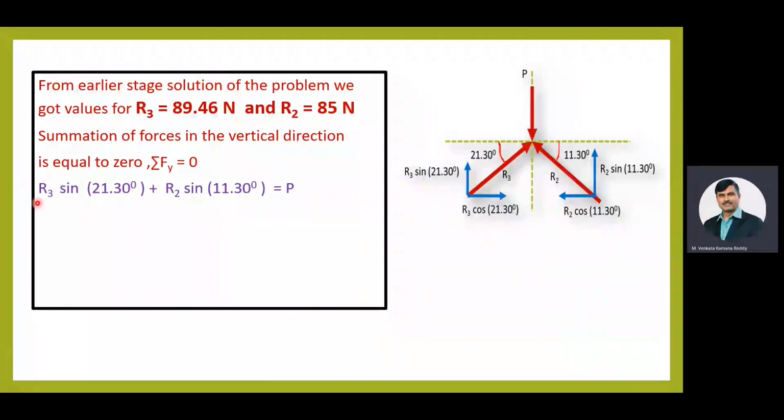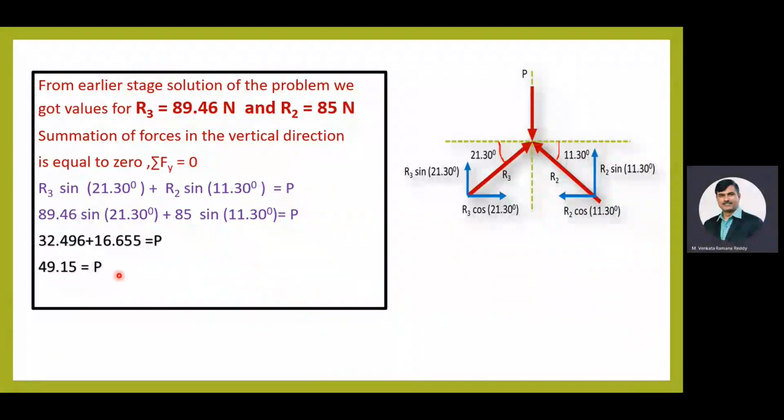Then substitute R3 is equal to 89.46 Newton and R2 is equal to 85 Newton in this equation. After substituting these two values, 89.46 sine 21.30 degrees plus 85 into sine 11.30 degrees is equal to P. After calculating this, we will get P is equal to 32.496 plus 16.655, which is equal to 49.15.